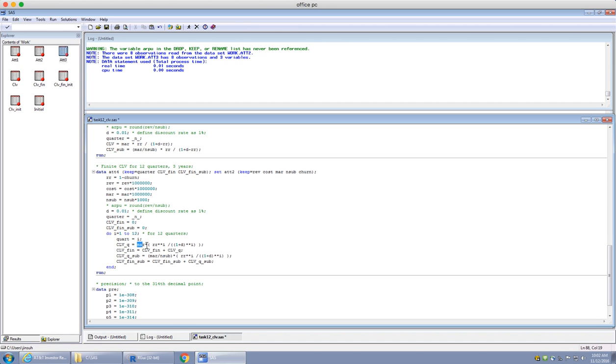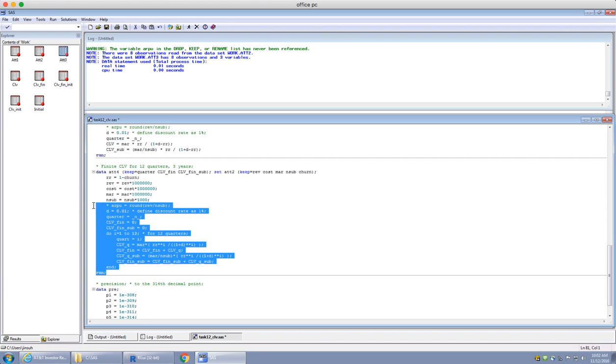If you remember, this is the CLV for each quarter, and I'm going to add that up. Obviously, the CLV for the finite case is going to be a very large value, so I want to make it more realistic by calculating a CLV per subscriber. This will have a more realistic value than the very large value I'm going to get for the CLV quarter sub. So I'm going to run this.